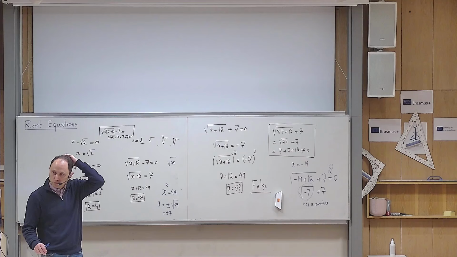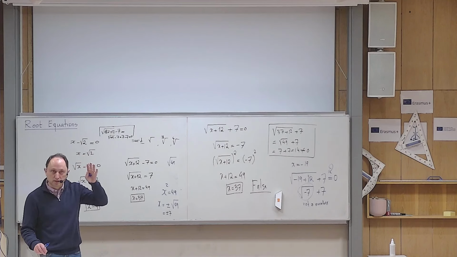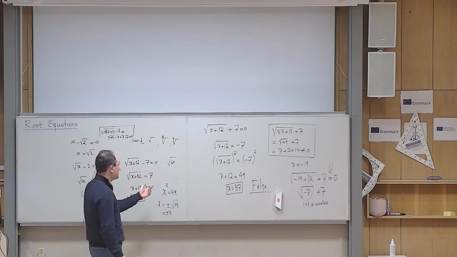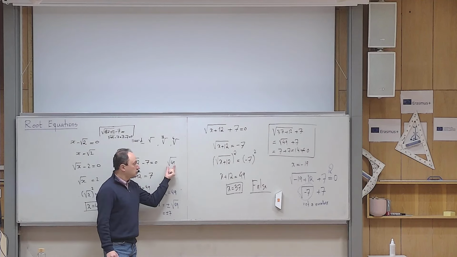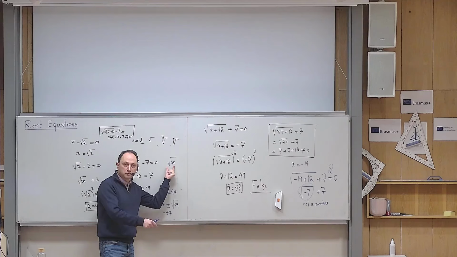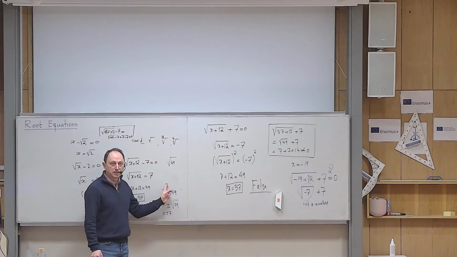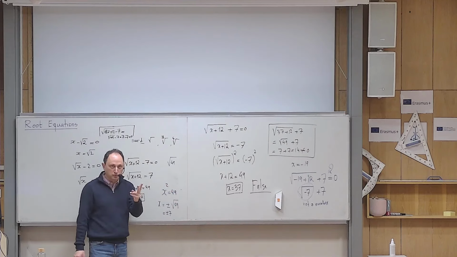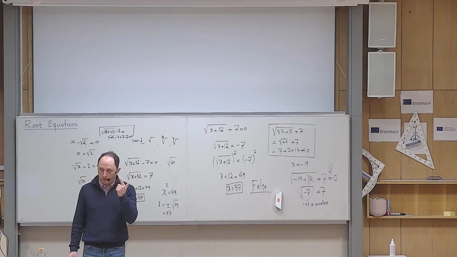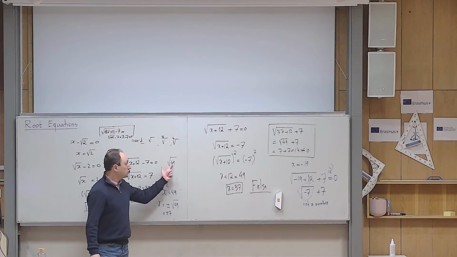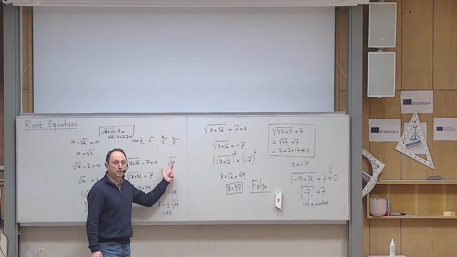You might say, why? Because I told you it's a convention. Mathematicians have chosen to use this symbol for the positive one. If I ask you how many numbers are there whose second power is 49, of course there are two. One of them is 7, one of them is minus 7. But the square root of 49 doesn't tell you how many numbers are there whose square is 49.